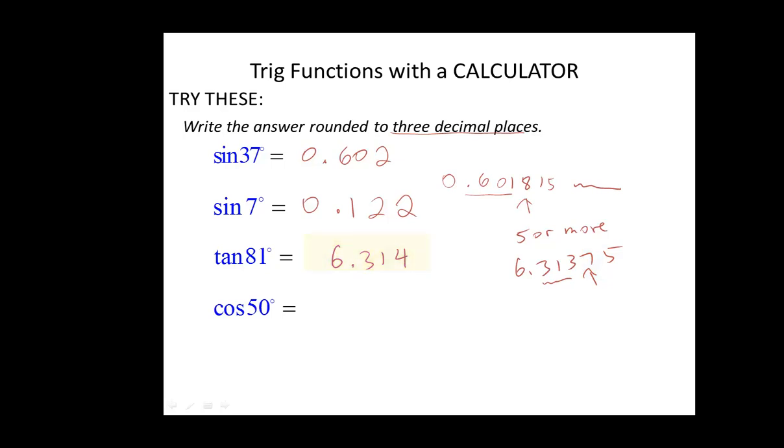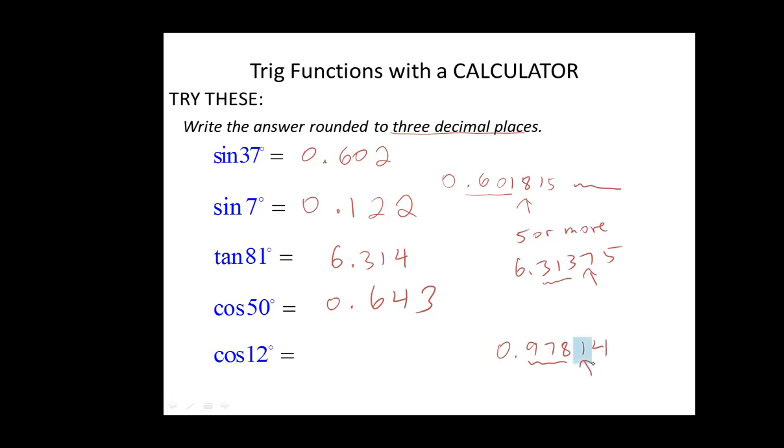Cosine of 50, try that in your calculator. Again, round to 3 decimal places here, and you should be coming up with 0.643. Here's one more, the cosine of 12. When you look at your calculator, take the cosine of 12, and you will get a lot of figures here, and we're going to round that to the nearest 3 places.